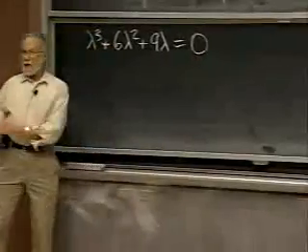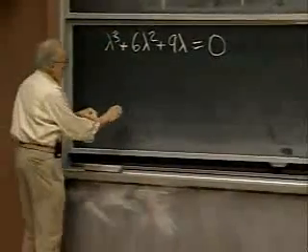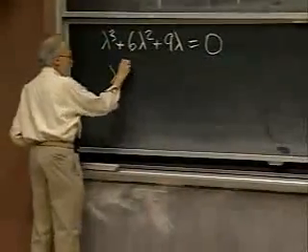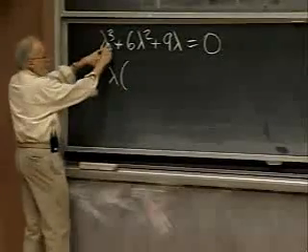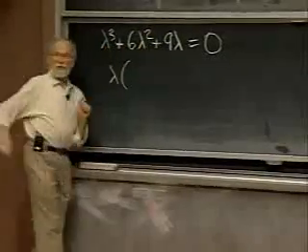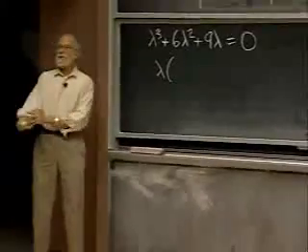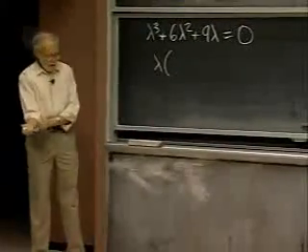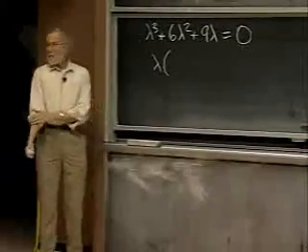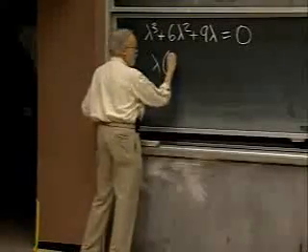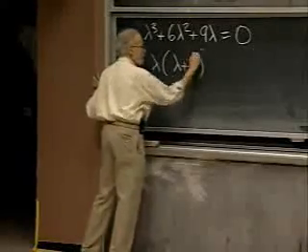It's very easy to calculate the roots of that. You factor it. Lambda is a common factor. And what's left? Lambda squared plus 6 lambda plus 9. That's the sort of thing you got all the time when you were studying critical damping. It is the square of lambda plus 3.